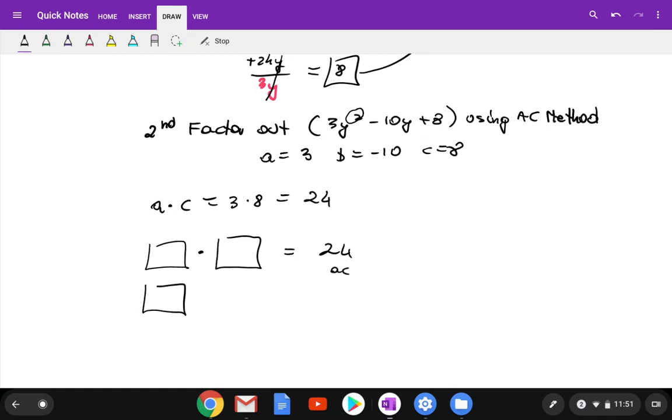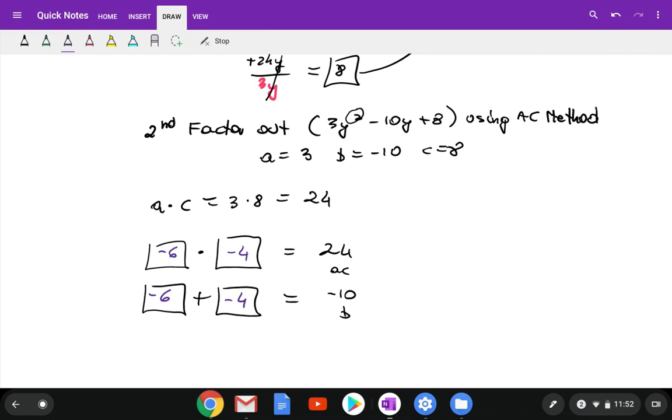And the same 2 integers by addition has to give you B. And in our case, B is equal to negative 10. Okay, so we need to check what's going to work. Negative 6 and negative 4 will work. So negative 6 times negative 4 is equal to positive 24. Negative 6 plus negative 4 will give you negative 10.